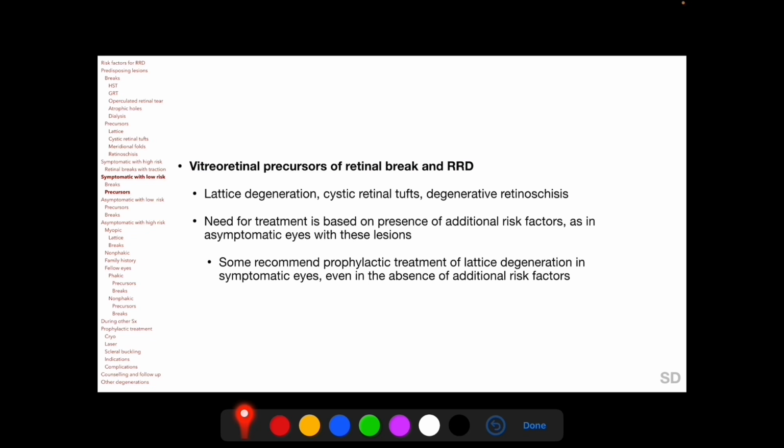Symptomatic eyes with vitreoretinal precursors of retinal break and RRD, such as lattice degeneration, cystic retinal tufts, and degenerative retinoschisis, are not routinely treated, and the need for treatment is based on presence of additional risk factors as considered for asymptomatic eyes with these lesions and additional risk factors, which we will be discussing.